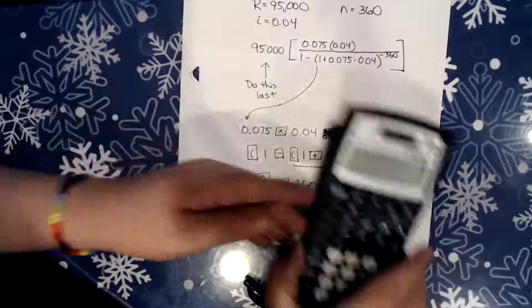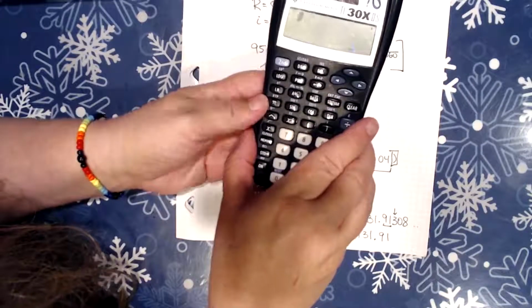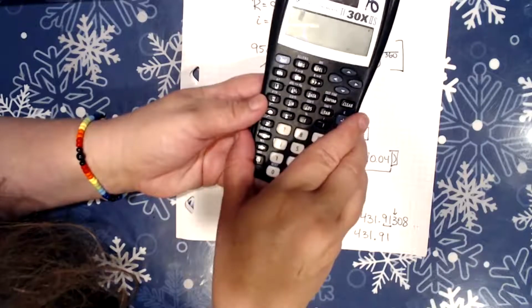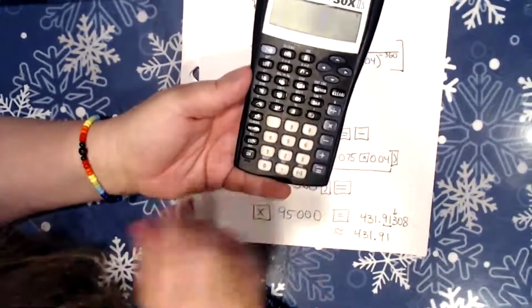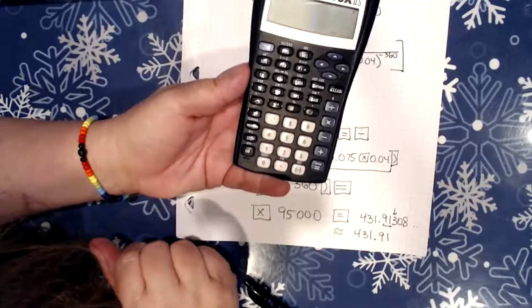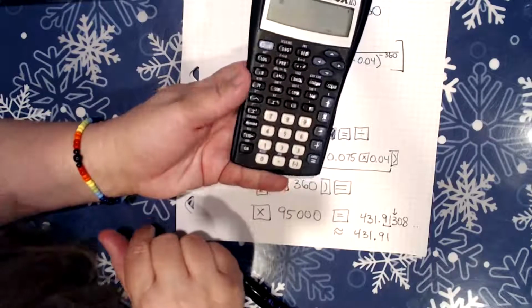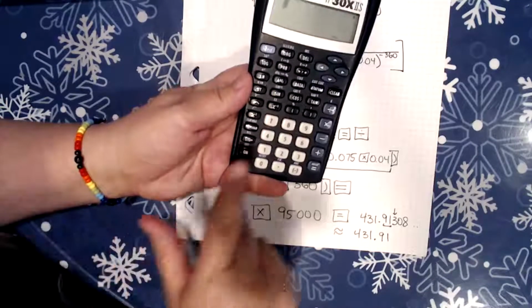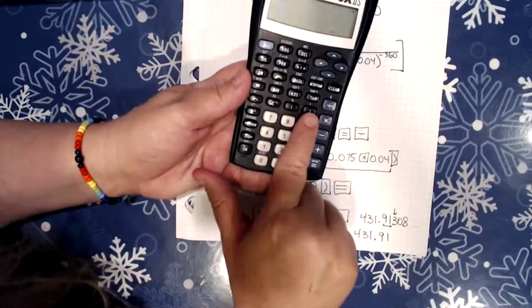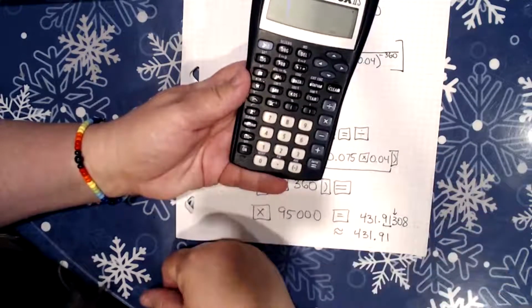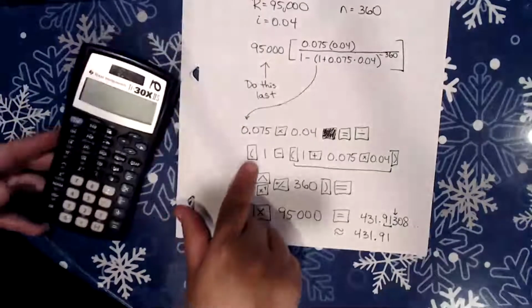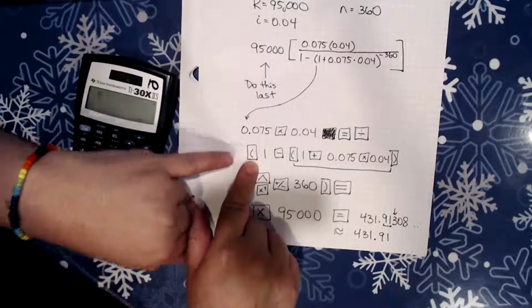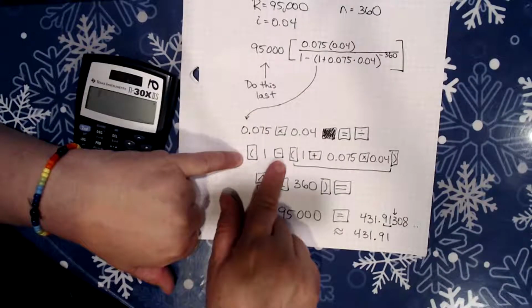It's kind of hard to see with the reflection, but there are parentheses right here. Your parentheses might be somewhere else, but you want to use an open parenthesis, 1, and then a minus.